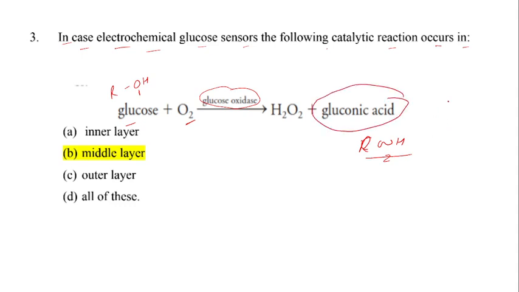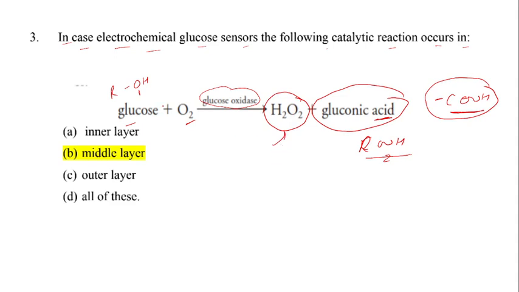The acid formula you know, COOH, is the functional group, as in acetic acid. If any organic acid is there, then there should be a COOH group. So finally glucose will convert to gluconic acid and it will also form peroxide, H2O2.